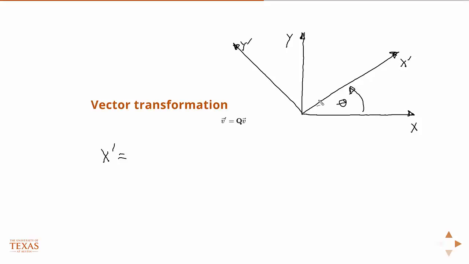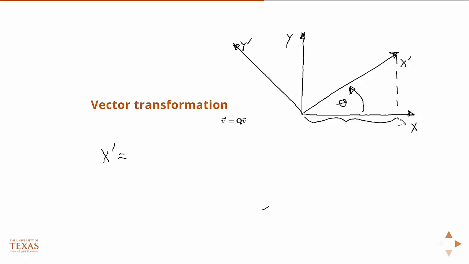What is x prime in terms of x and y? It's the projection, right? I want to write the x component first. So what's the projection of x prime down onto the x-axis? It's this length. And what is that?